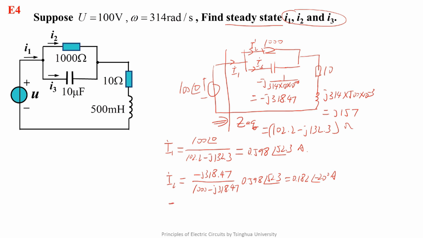And similarly for the other. So we can write the time domain expression of steady state I1, I2, and I3. That is this.